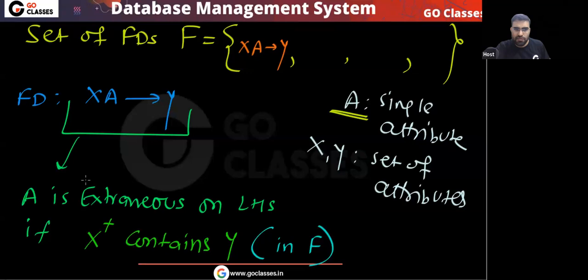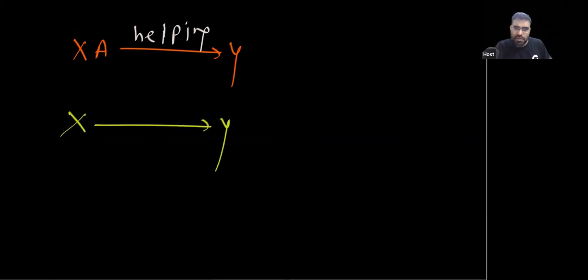Let me know. See, it's something like this. Let's assume X is helping Y. Now, what can this X do? This X is saying that I can also help Y. Let's assume that XA is helping Y, but you check and you find that X can also help Y. Then it simply means this A is extra. Yes or no?